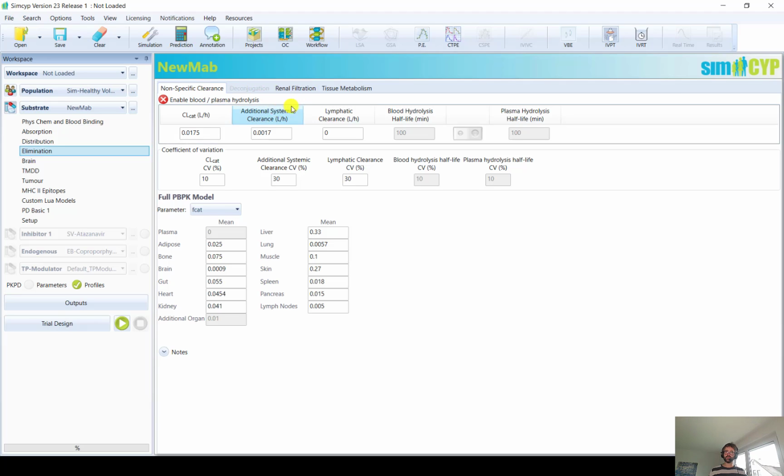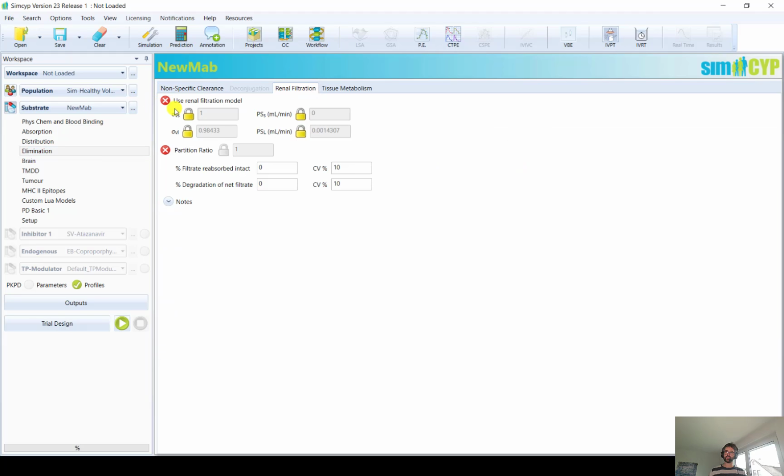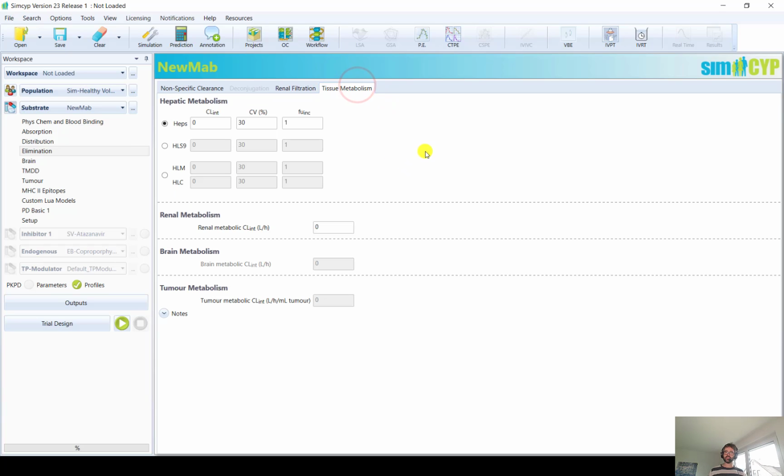We also have different tabs for renal filtration, which is deactivated by default. It would not play a role for our monoclonal antibody, but it definitely plays a role for smaller proteins and peptides. And then there's also the possibility to enter tissue metabolism if that is measured, for instance, in human liver microsomes for peptides, as it has been published in the literature.